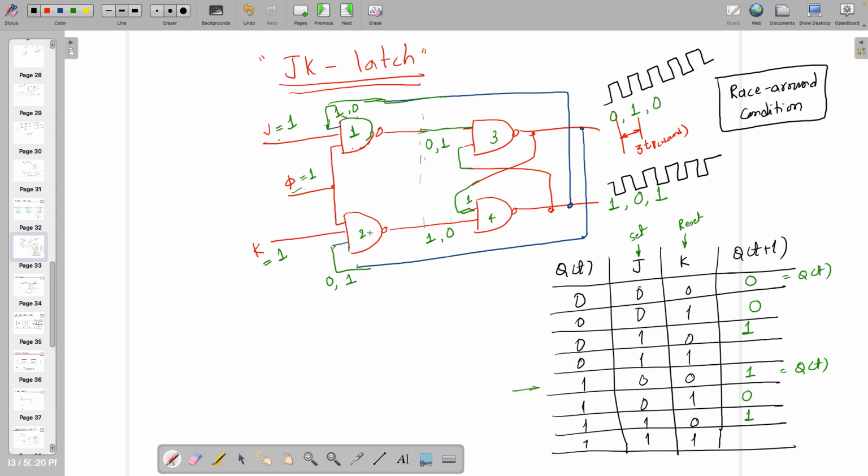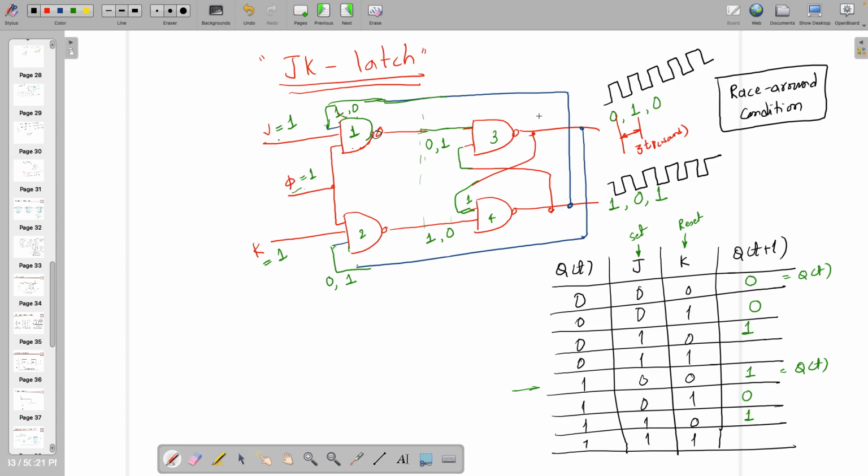NAND gate 1 and 2 are processed independently. Their inputs are not actually given one to another, right? That's why it's only one. So on the critical path, either 1, 3, 4 or maybe 2, 4, 3 will be there, right?